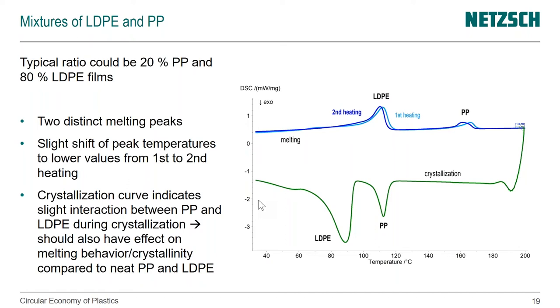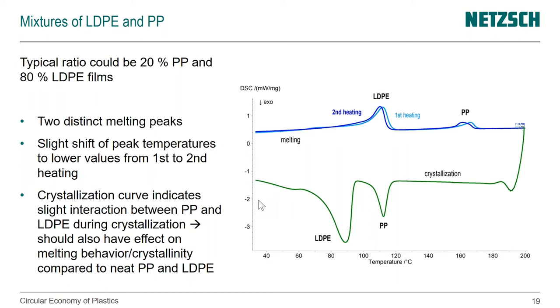Then the next question is, what if some of the components in the blend do not have a melting temperature, or some of them are in very small amounts as additives? Okay, obviously, that would be a glass transition. In that case, it's also impossible with the DSC to quantify them, because we can really only use the enthalpy to quantify them.